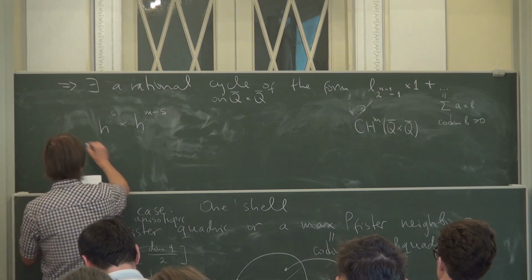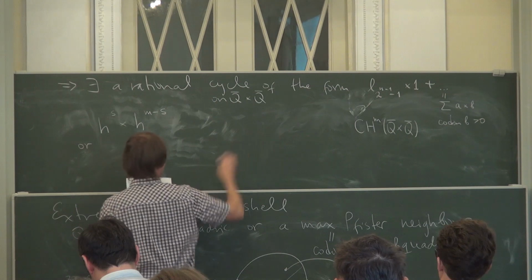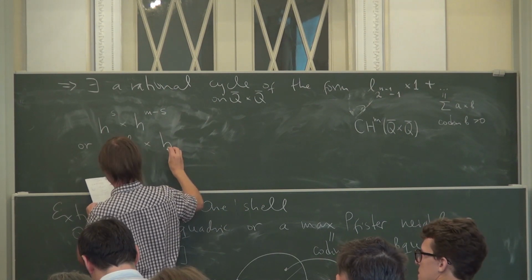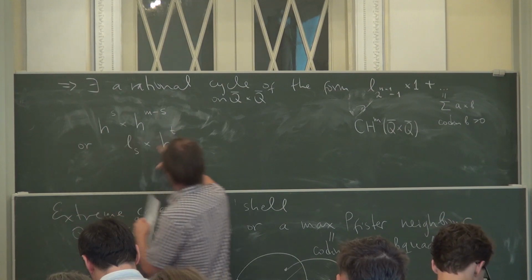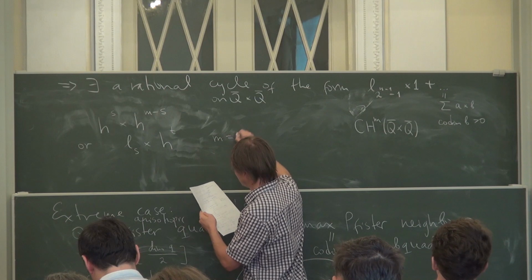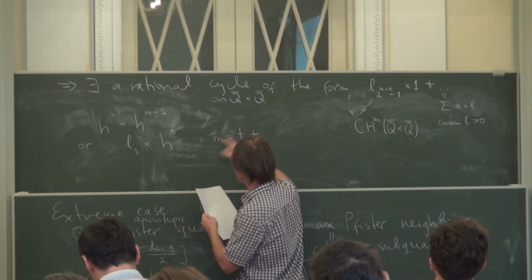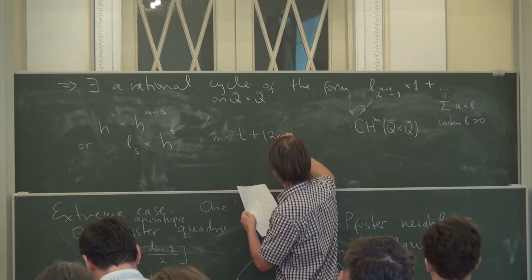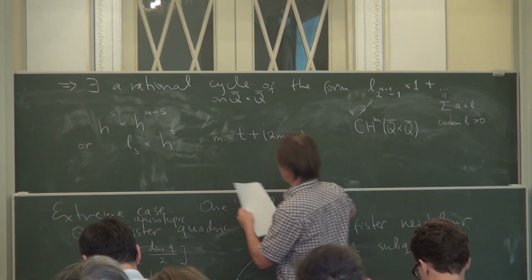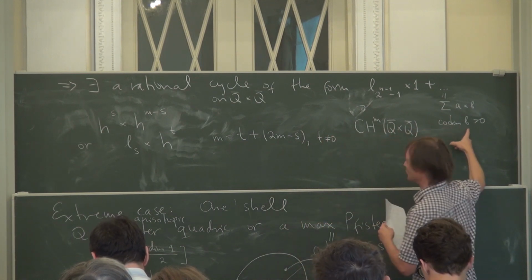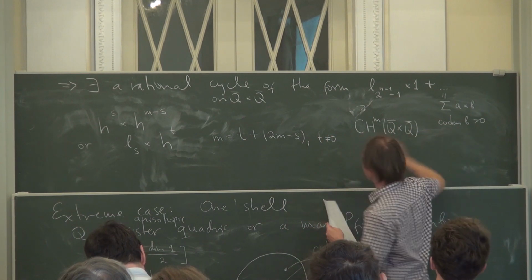Another possibility is L times H. It should have total degree M, so M is T plus S's codimension, which is 2M minus S. And T is not 0, because the codimension is positive here.